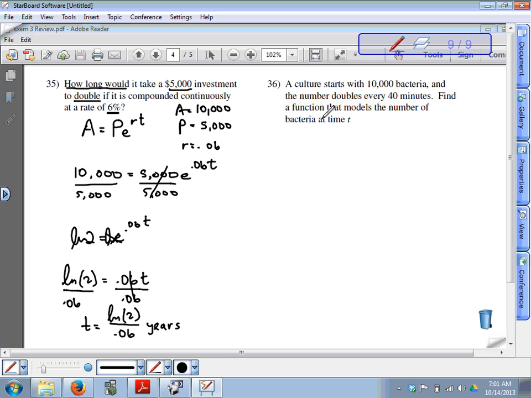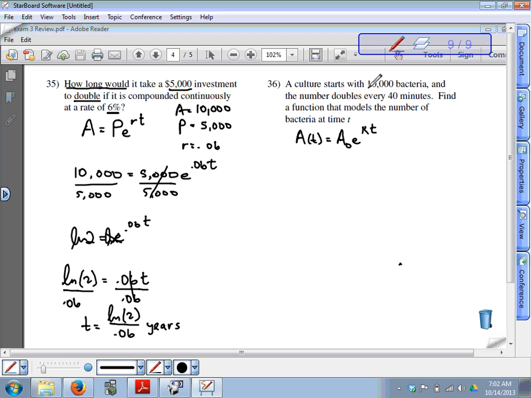Now to model an exponential situation, whether it's growth or decay, we use a formula that's pretty much the same as this formula here. The variables are just different. We have the amount at any given time t is equal to an initial amount, a sub 0, times e to the kt, where k is a growth factor, similar to an interest rate in this money problem here.